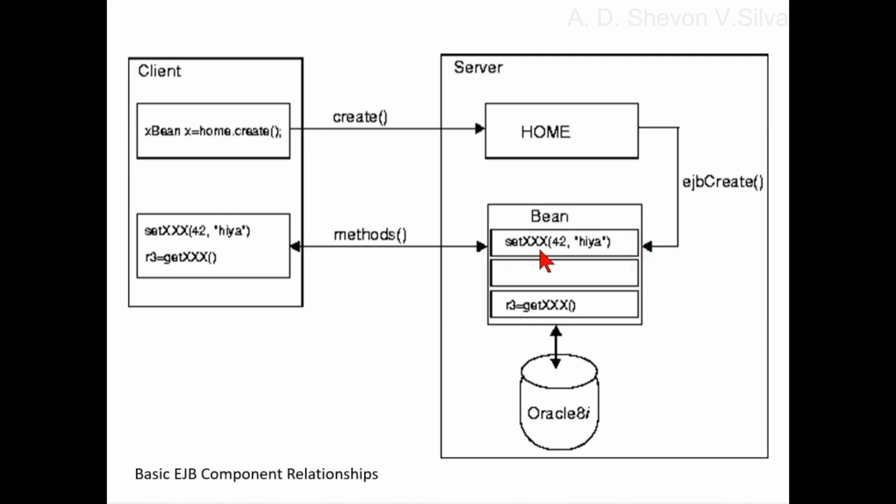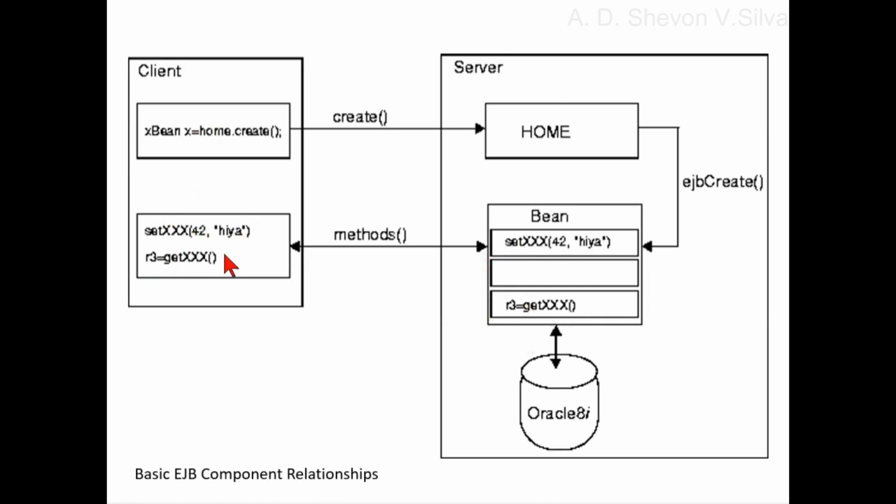The client sets the bean's create method, sets xxx to 42, and r3 equals the get xxx method, interacting with bean methods through these methods.